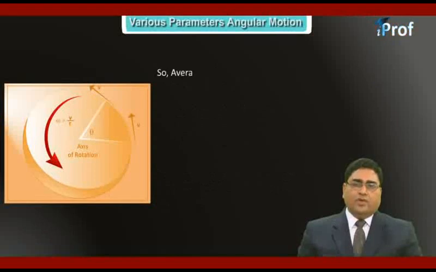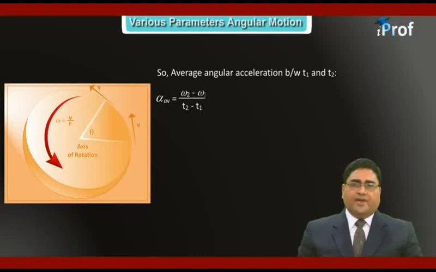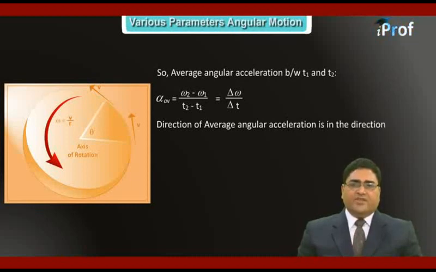So average angular acceleration between t1 and t2 is equal to omega 2 minus omega 1 upon t2 minus t1, that is equal to delta omega upon delta t, and the direction of average angular acceleration is in the direction of change in angular velocity.